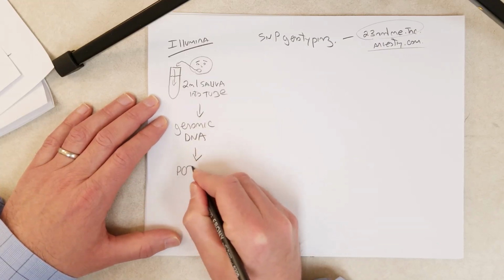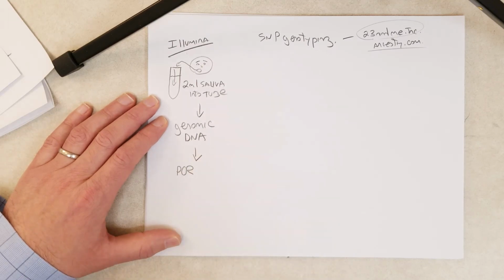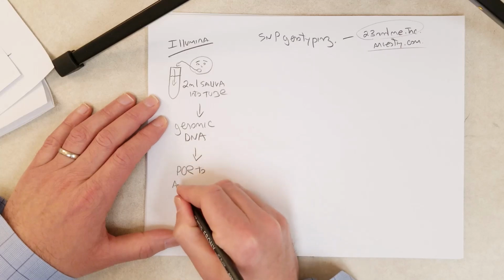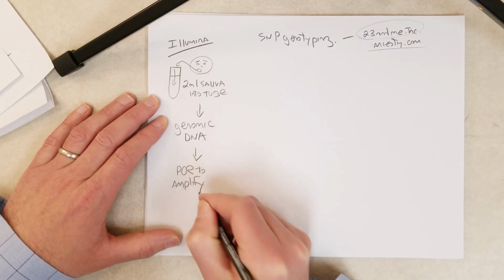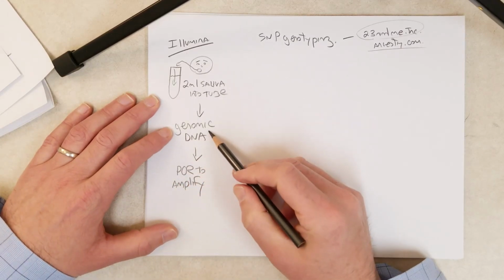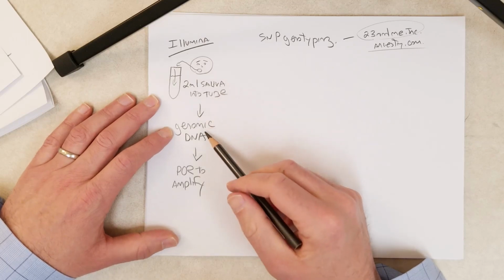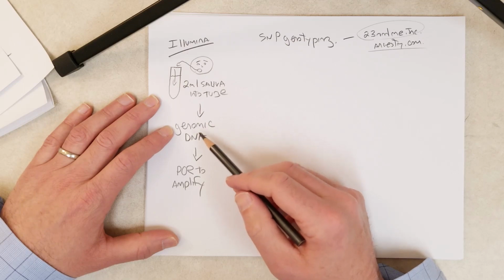They will use PCR, which we will talk about in the next lecture, to amplify all of the genomic DNA, because there's not quite enough genomic DNA in those cells to perform this genotyping.